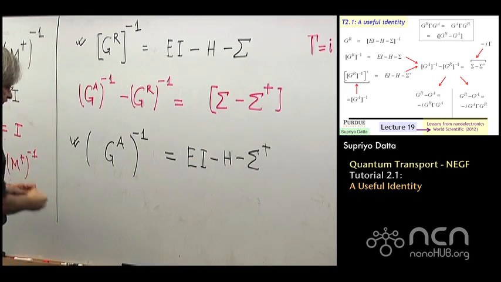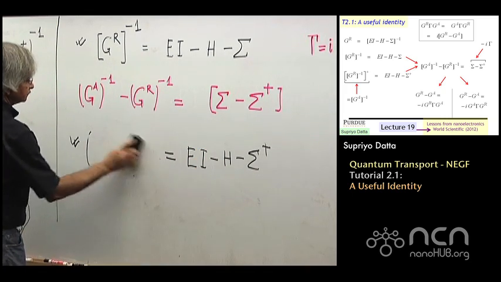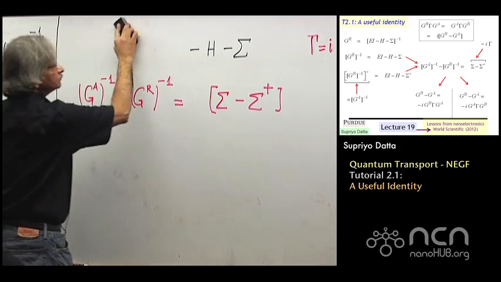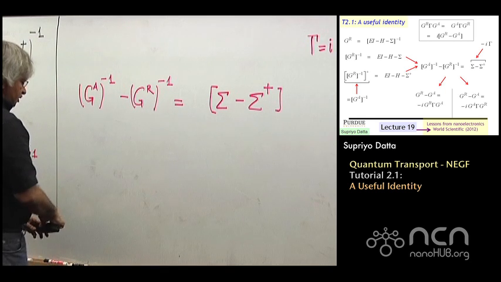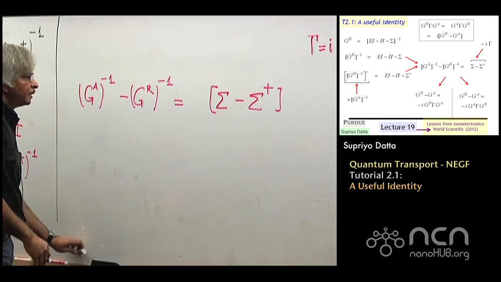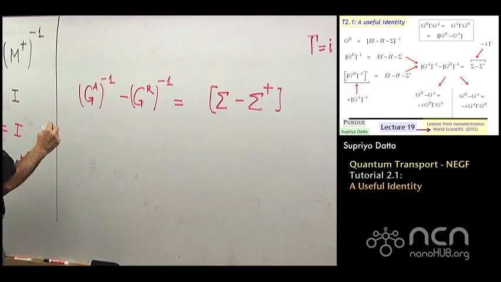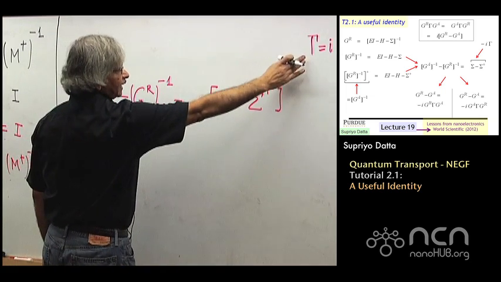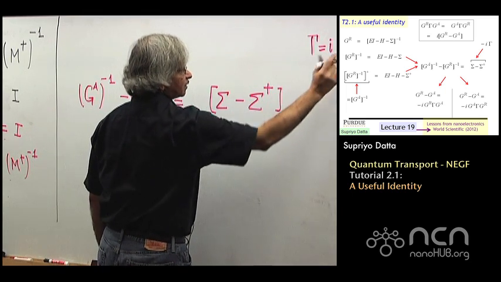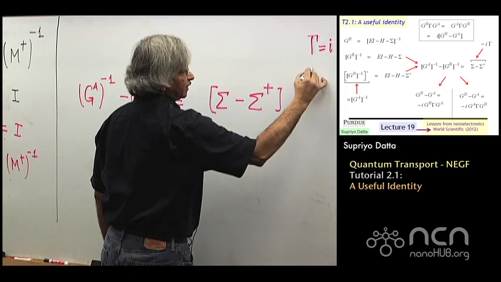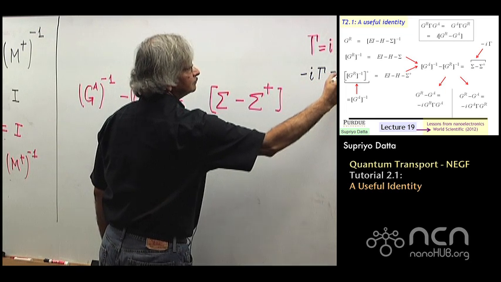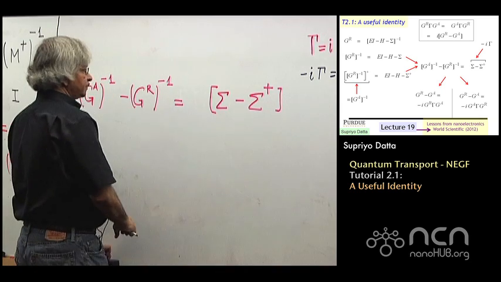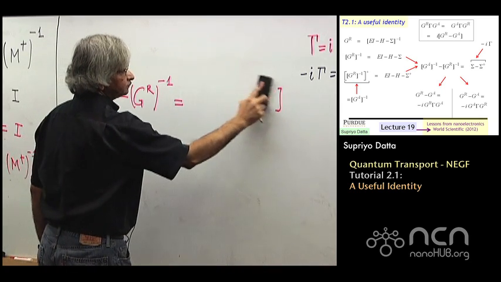That's it. Okay. Actually, I could replace this quantity with gamma, because as you know, sigma minus sigma dagger is like minus I gamma. So I could write minus I gamma here.